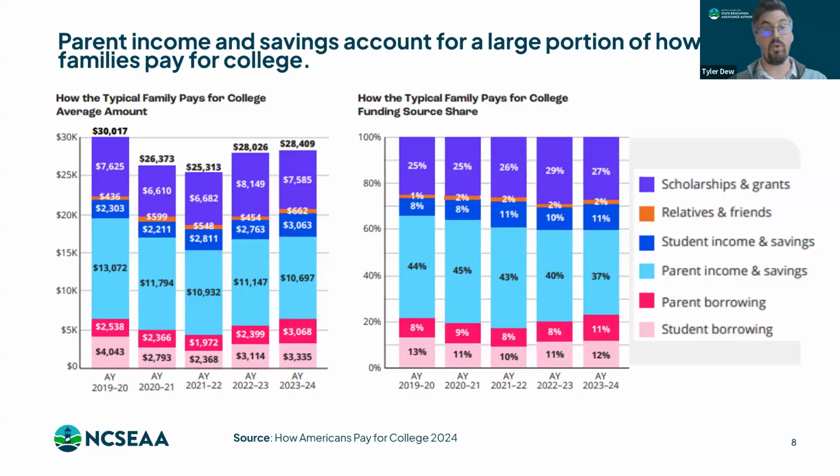So for 23-24, for that overall amount, that is the average cost, you'll see that over 10,600 was family income that is used to pay for college. So that's definitely a large portion of how families pay. We definitely recommend looking at different options in saving for college. But you do have a lot more options if that's not sufficient, right?